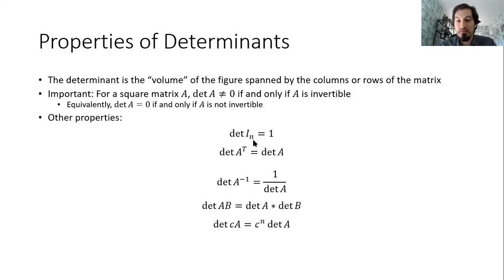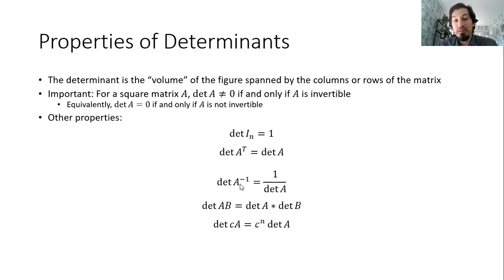Here are some other properties. Of course, the determinant of the identity matrix is 1, no matter how big the identity matrix of dimension n, it's still 1. The determinant of a transpose is the same as without the transpose.